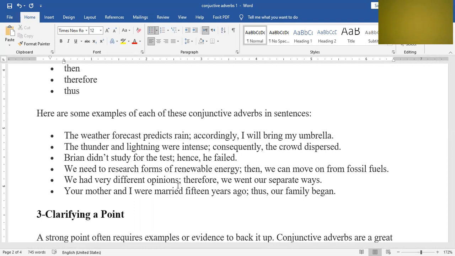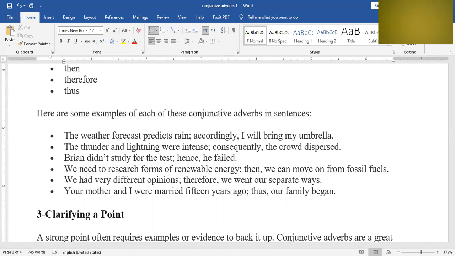You see? So cause and effect. Because we have different opinions, we went our separate ways. So, but here we use the conjunctive adverb, therefore, in between. So it is a coordinated sentence using the conjunctive adverb. Your mother and I were married 15 years ago.